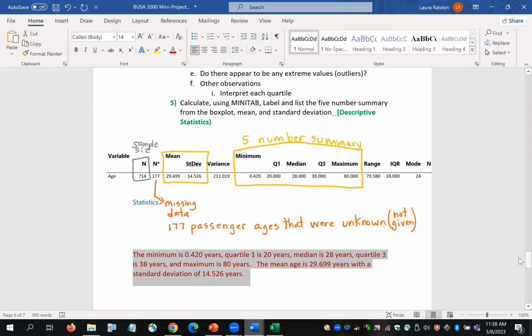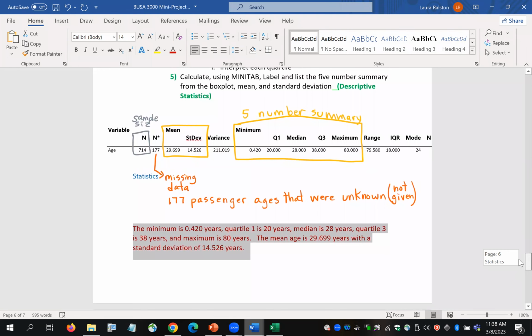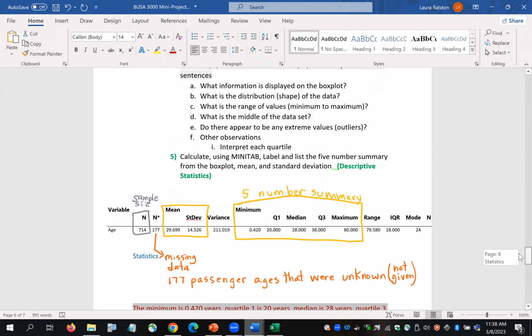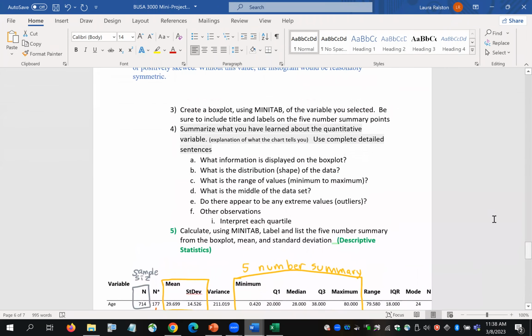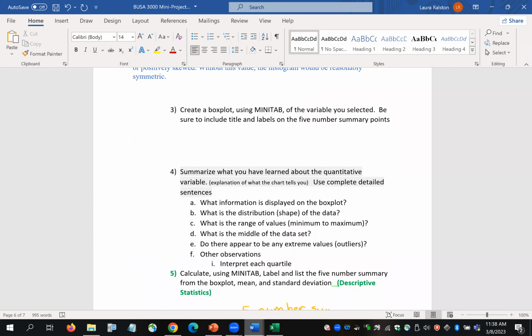Now, everybody okay? Now I'm going to back up to the box plot. Okay, I'm backing up to the box plot, which is another type of graph. The box plot is a visual display of that 5-number summary. So I'm going to show you how to create it.